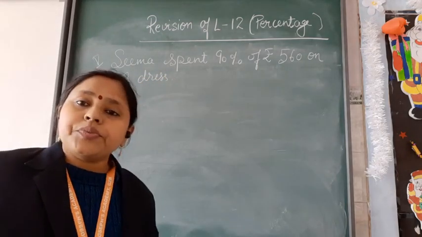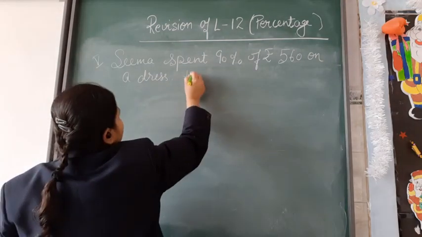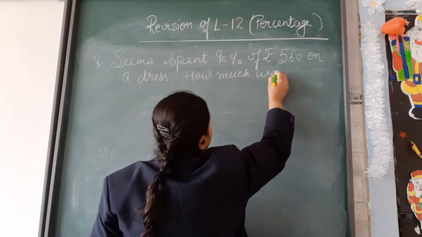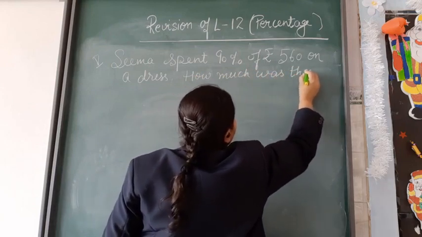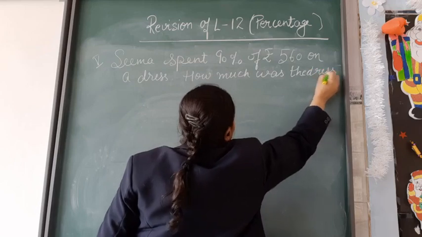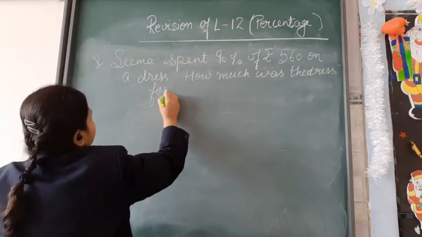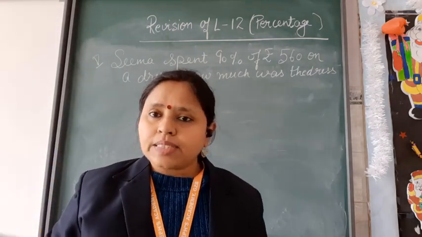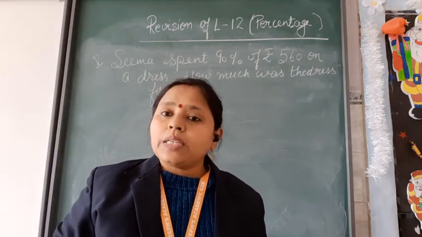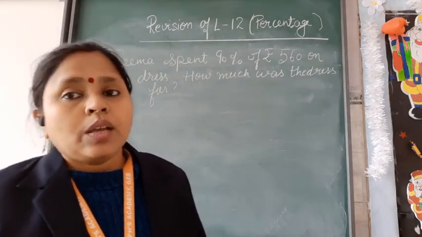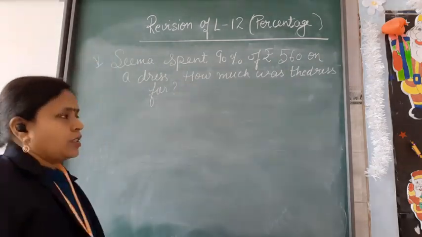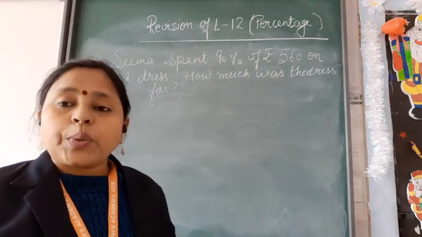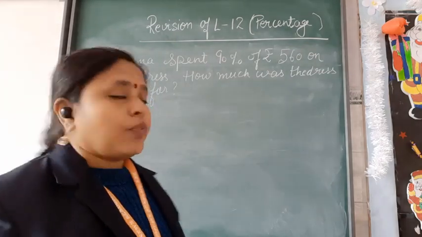So how much was the dress for? Okay, so you know that Seema was having rupees 560, and how much money she spent in buying a dress? She spent 90% of rupees 560. So now it is being asked in the question that how much was the dress for, or what was the cost of the dress.